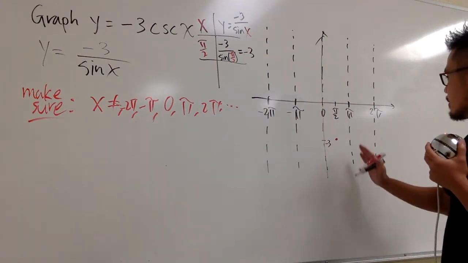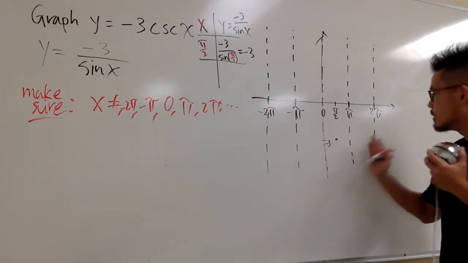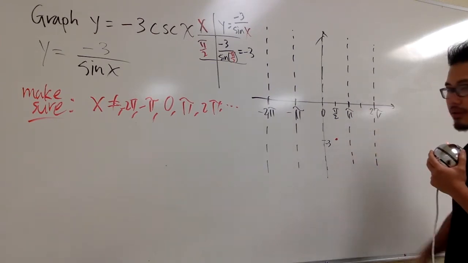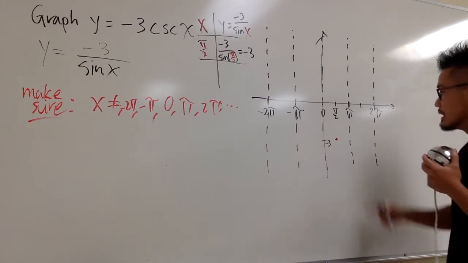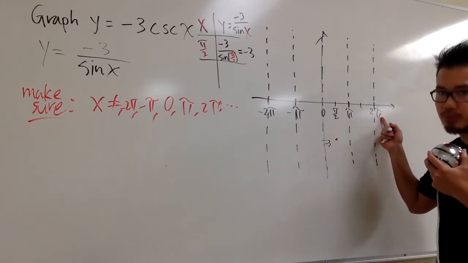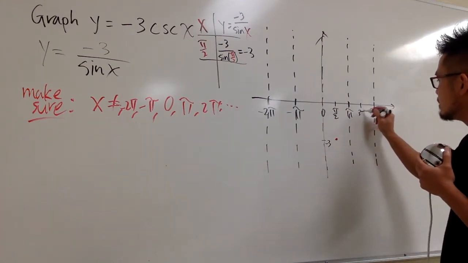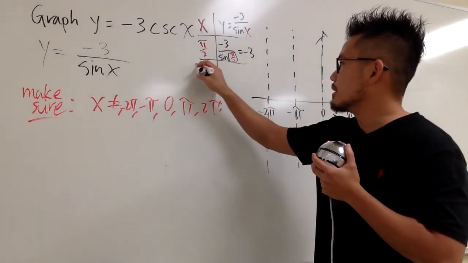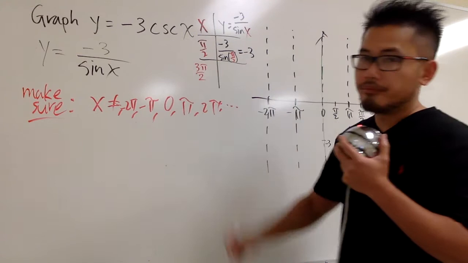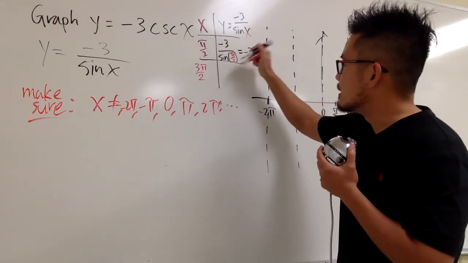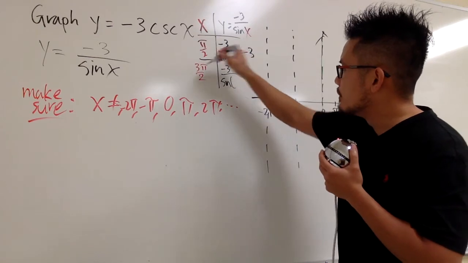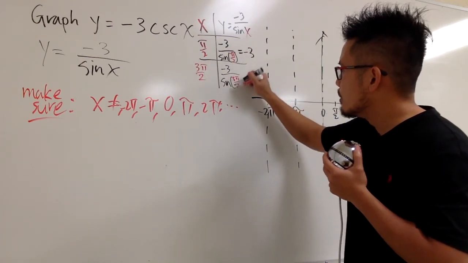All right, and let's go ahead and find a number between pi and 2 pi, the middle. And let me just label that right here. What you can do is that pi plus 2 pi is 3 pi, divided by 2. You get 3 pi over 2. That's how you find the middle. And I'm going to plug in 3 pi over 2. This is negative 3 over sine of 3 pi over 2.